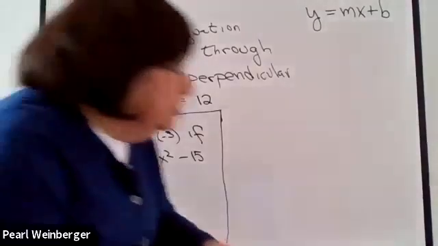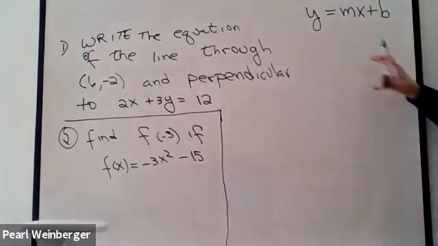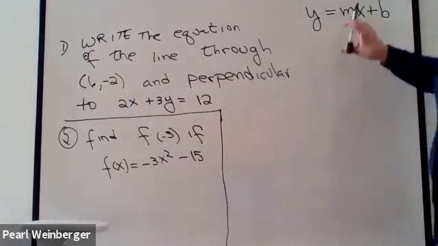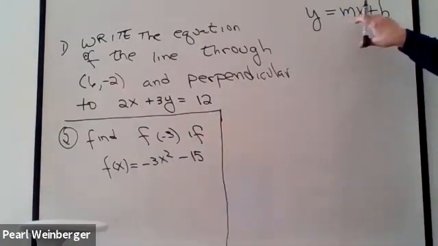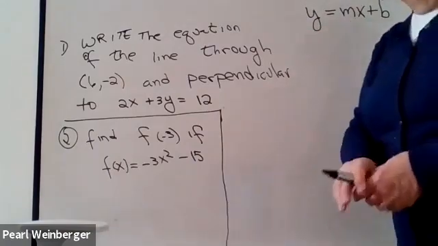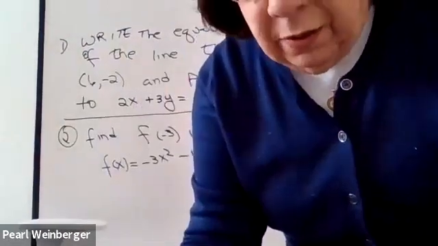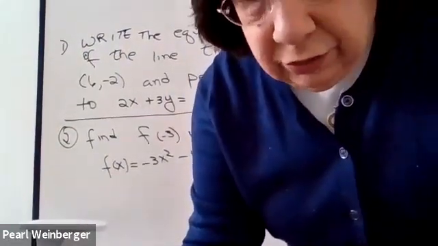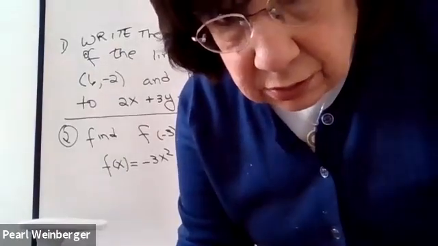If it's a slant line, we want to get something in the form y equals mx plus b, where m is going to be the slope of the line, and the b is going to be the y-intercept.